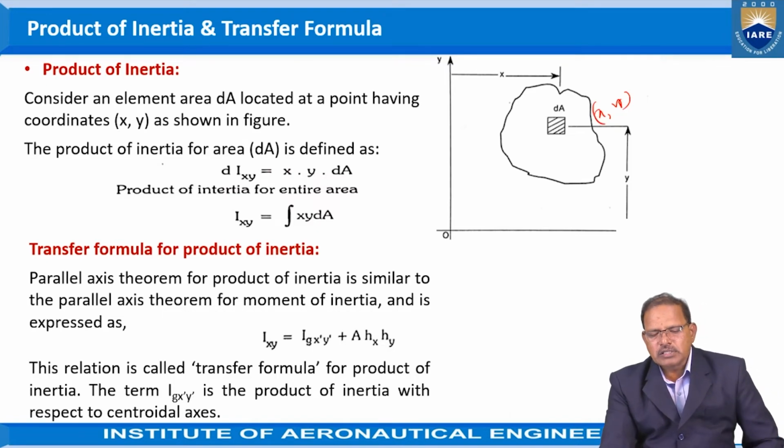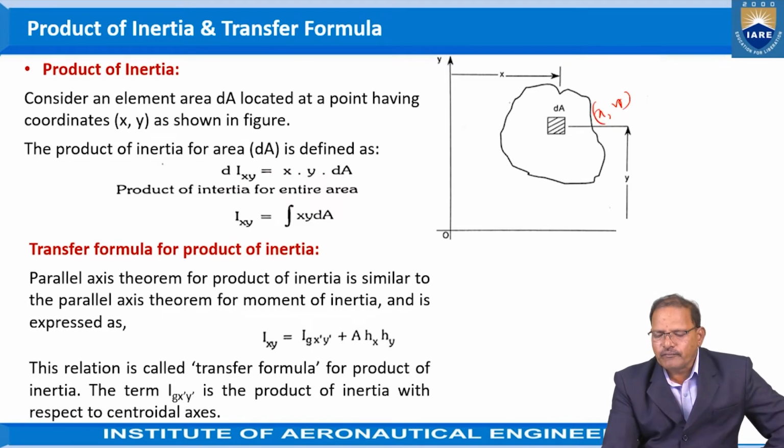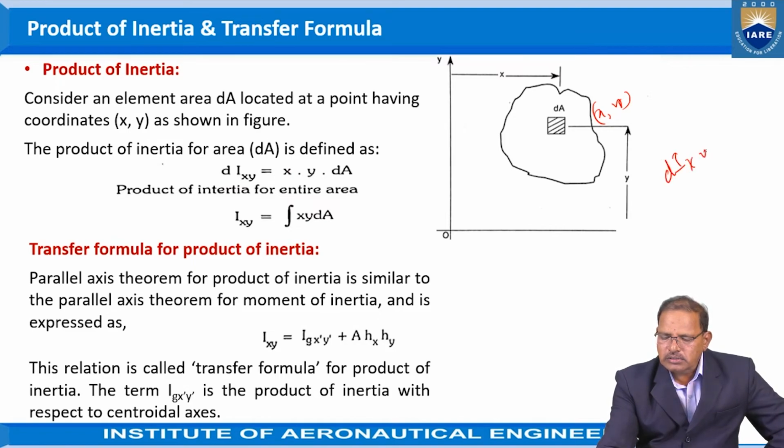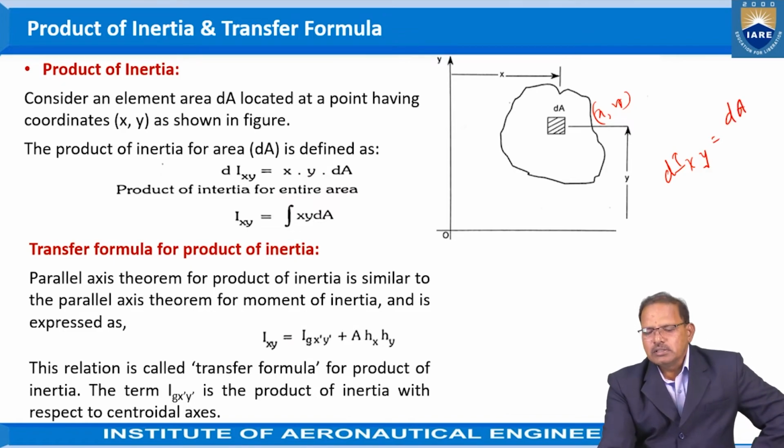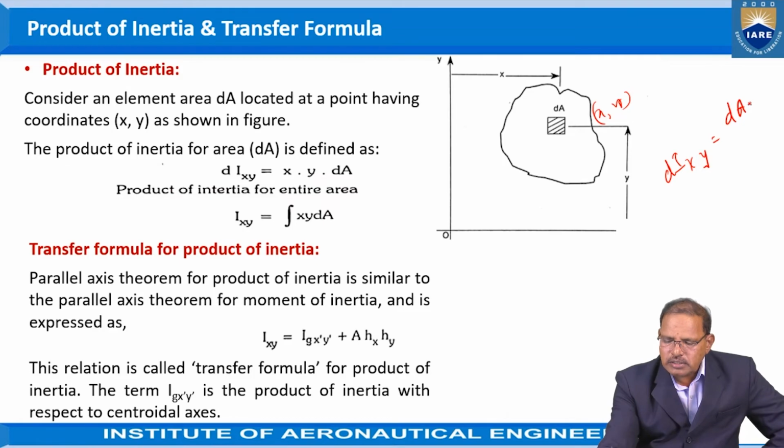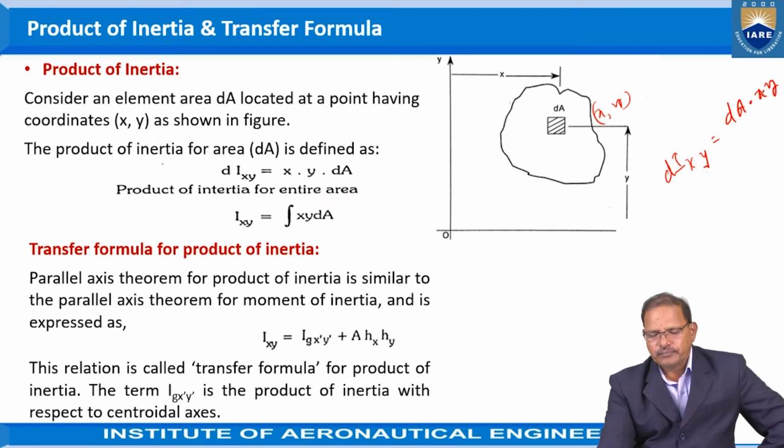Then the product of inertia of this small area dA is defined as dIxy, equal to area multiplied by the product of the x coordinate and y coordinate. That is the product of inertia of an area.